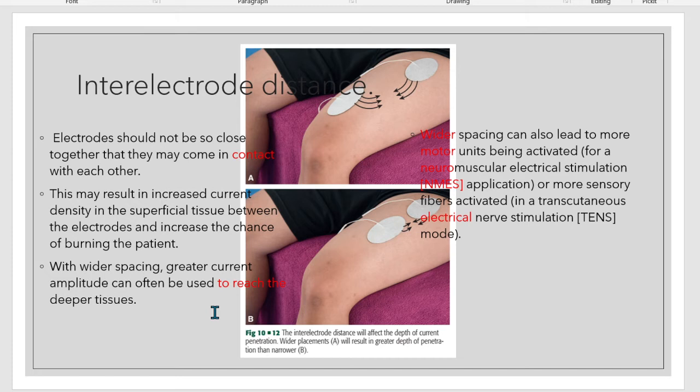So let's take for example, if you're going to stimulate the quadriceps, and you notice that your patient has a strong hip flexor but a weak knee extensor.